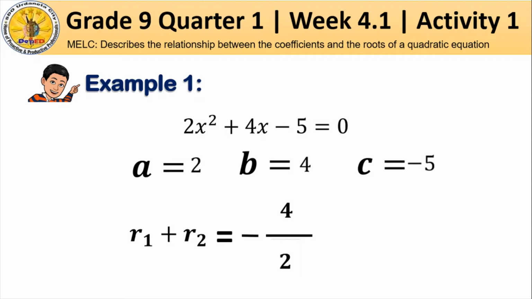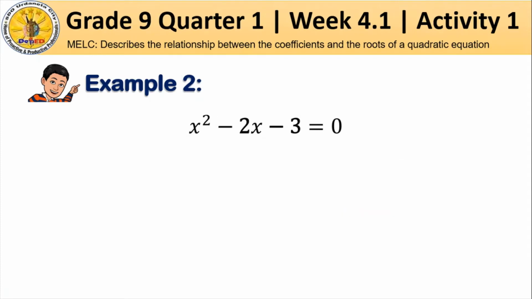Then we simplify. Negative of 4 divided by 2 is equal to negative 2. Therefore, the sum of the roots of the given quadratic equation is negative 2.